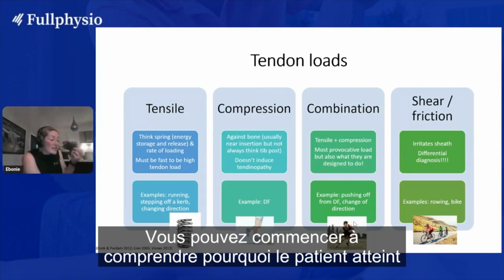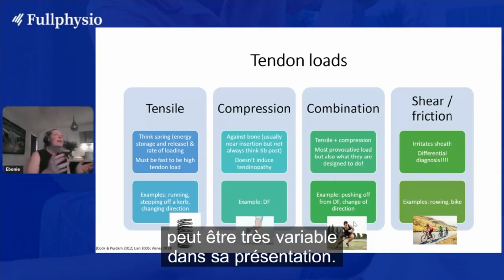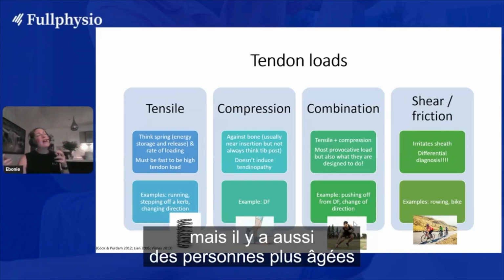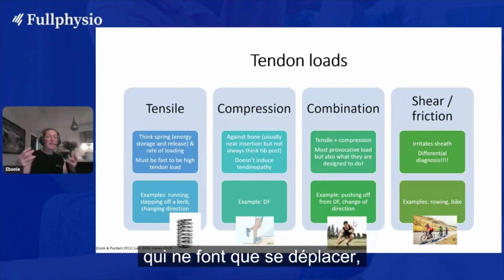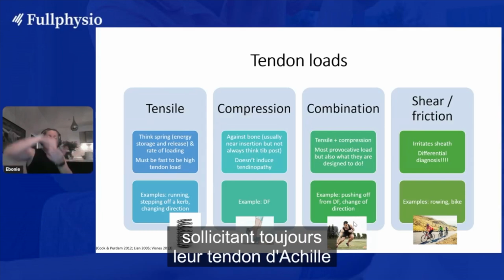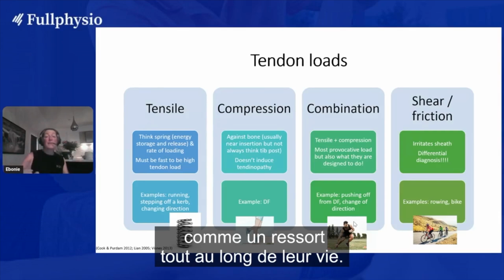So you can start to appreciate why people with Achilles tendinopathy can be really variable in their presentation. You can have really athletic people that run, but you can also have older people that just move around, but they go up and down stairs. So they're still using their Achilles tendon like a spring throughout their lifespan.